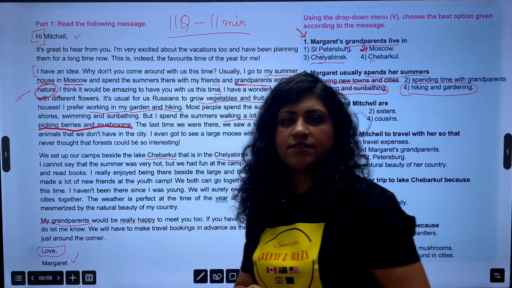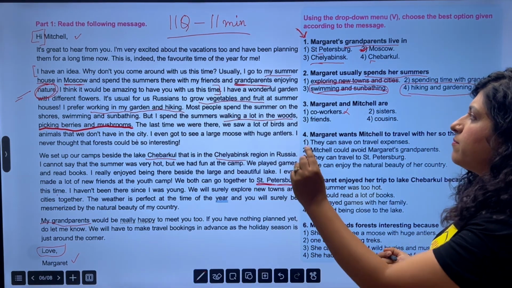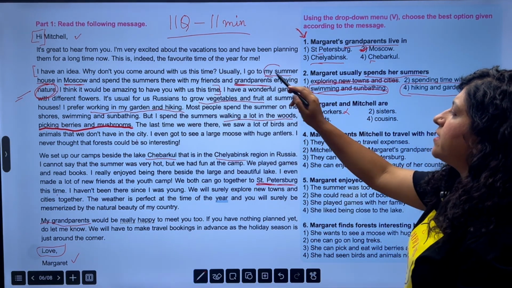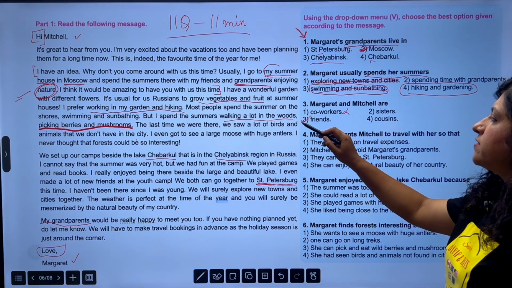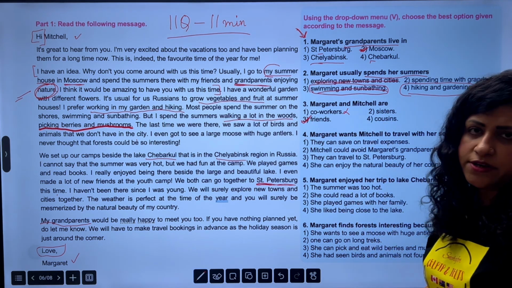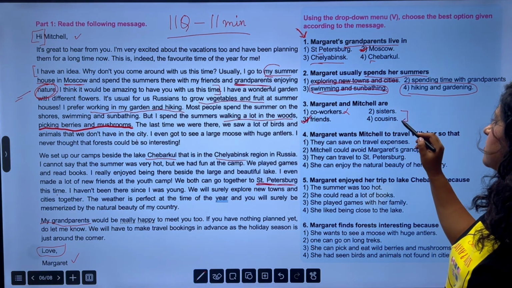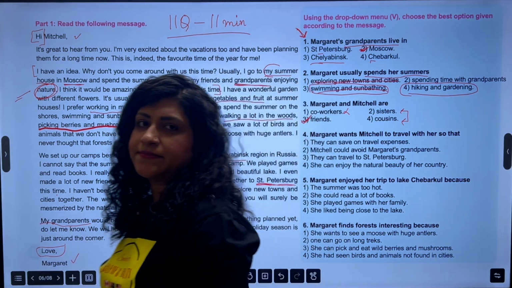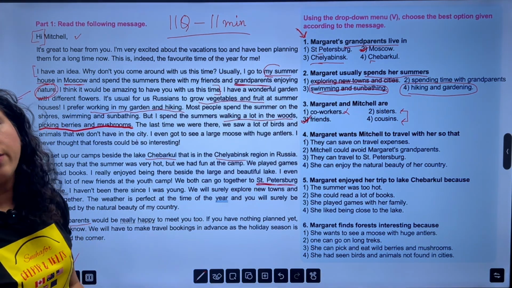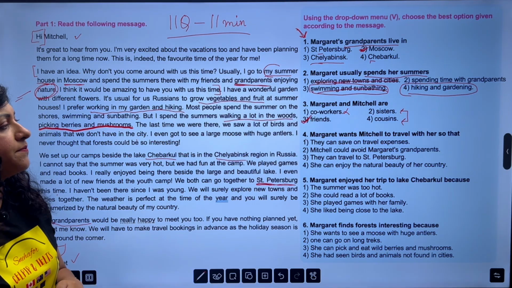All these things will point out that it's an informal tone, and because of these words, my summer house, my grandparents, most probably they're going to be friends. They are actually friends. Why? Because if they were sisters or cousins, she won't be saying my summer house, my grandparents. Right? So they're going to be friends. So you have to understand the tone to establish the relation between the two people.